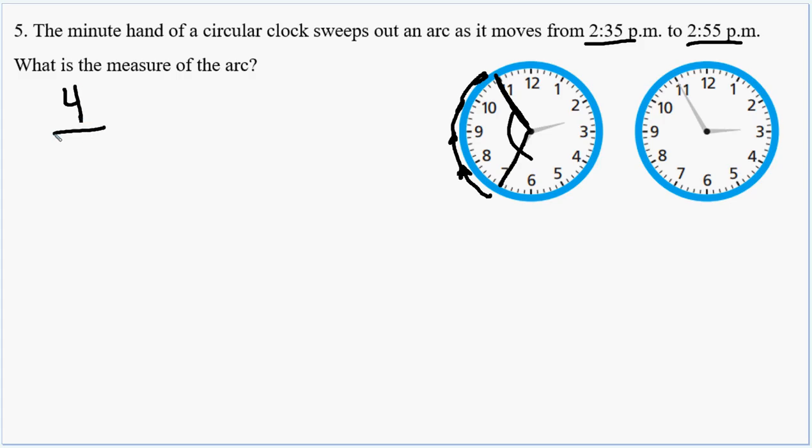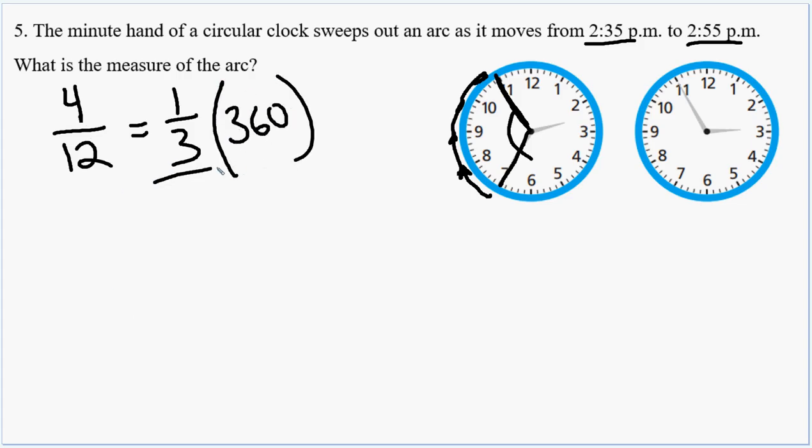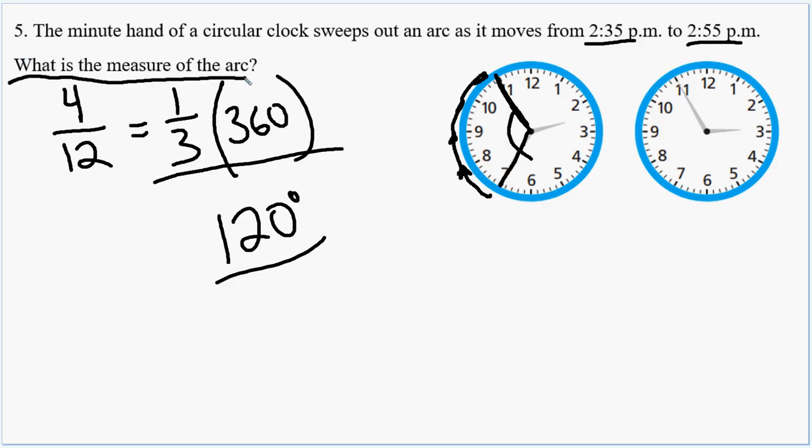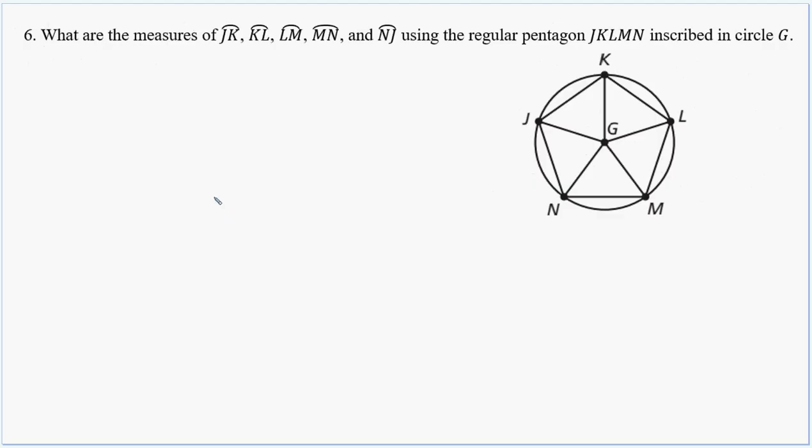So we've gone 4 out of 12ths of the way around. 4/12 reduces to a third. A full circle is 360, and 1/3 of 360, 360 divided by 3, is 120 degrees. So what is the measure of the arc? 120.